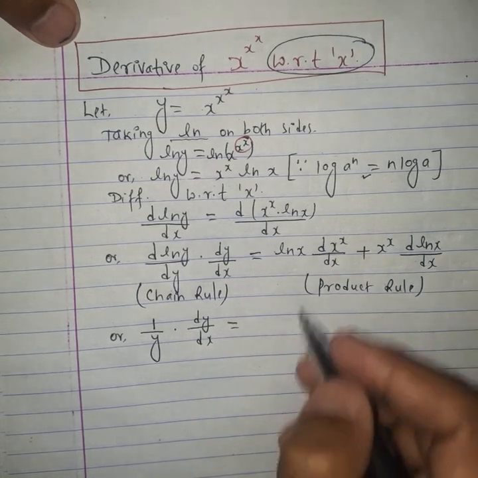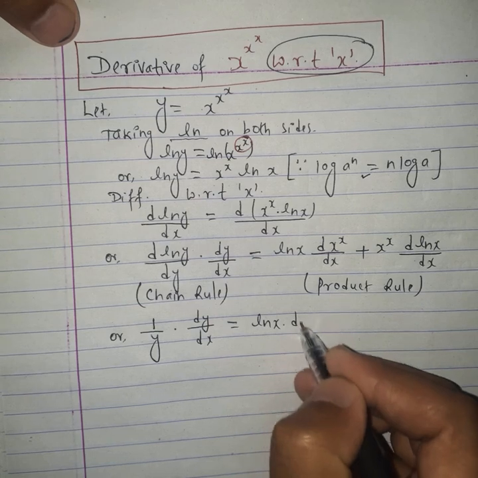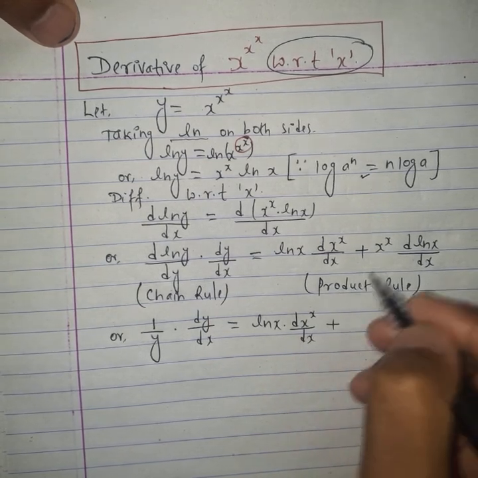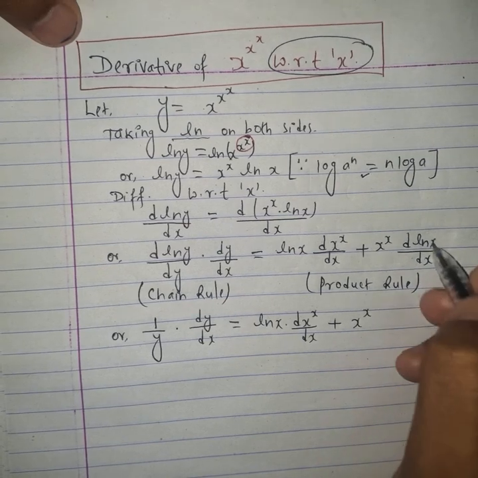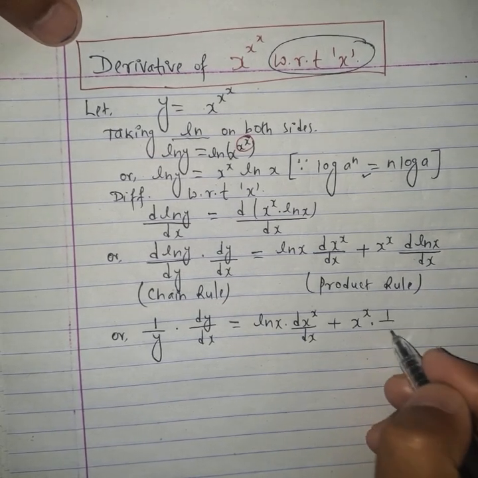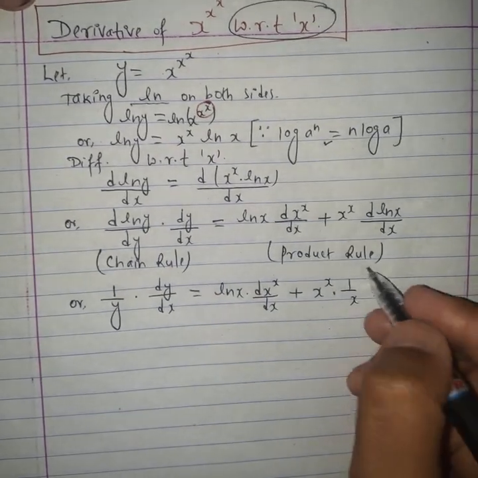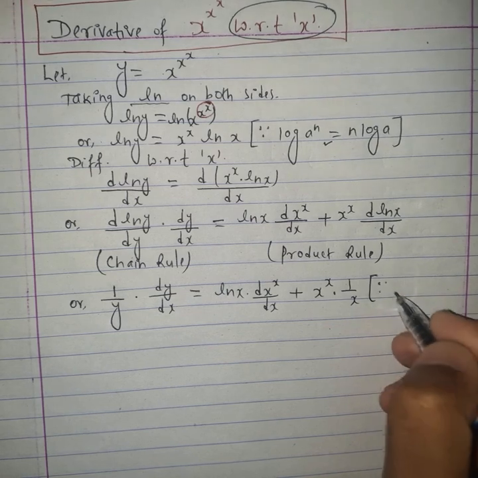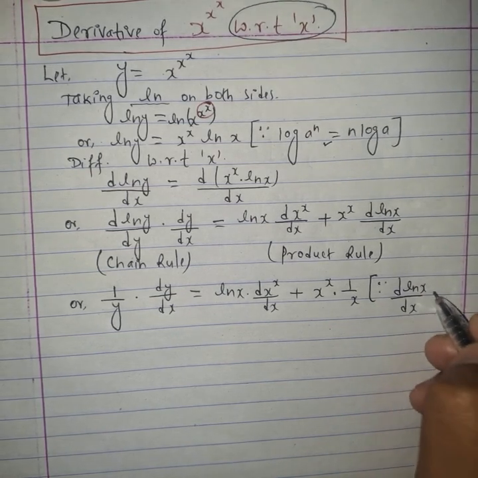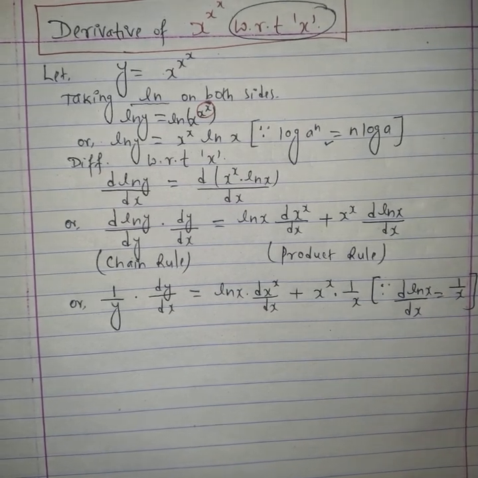On the right hand side, we have ln of x times the derivative of x to the power of x with respect to x, plus x to the power of x times the derivative of ln x with respect to x, which is just 1 over x. Please remember this formula: the derivative of ln of x with respect to the same variable x is just 1 over x.